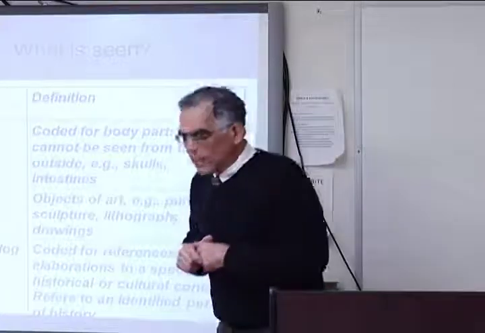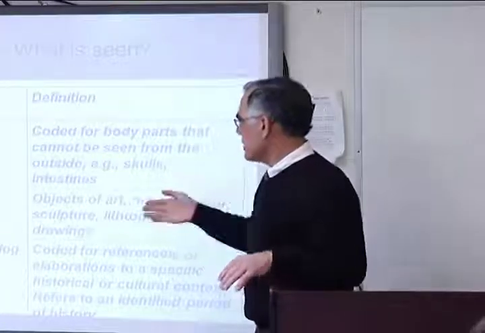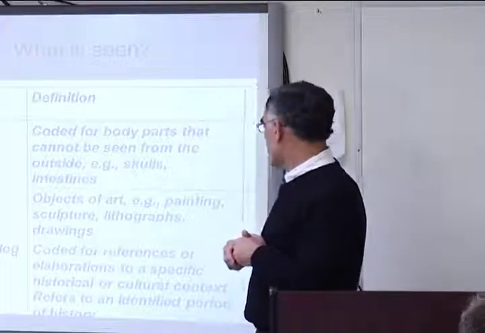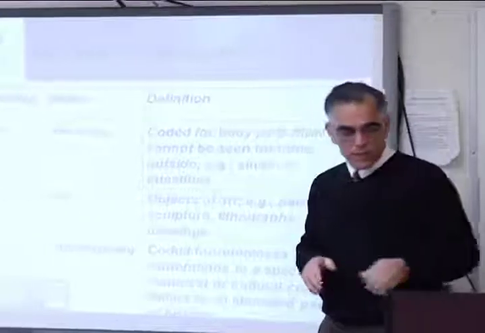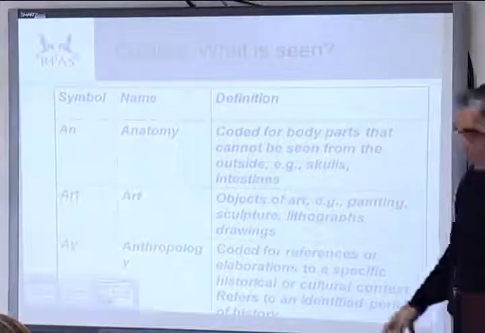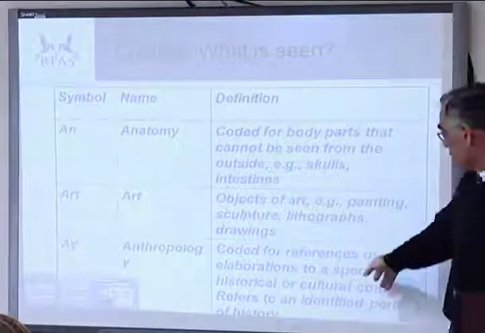In terms of content, these are the content categories that we code: anatomy, art, anthropology, the code for cultural context, clothing, explosion, fire, sex. There are a number of content categories in the Comprehensive System that are not brought over to R-PAS.